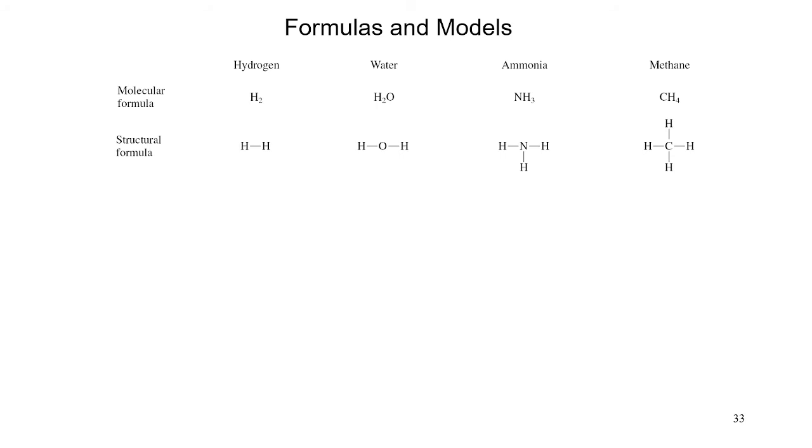Structural formula shows how the atoms are bonded to each other. As we can see here, for the hydrogen are just simply bonded to each other. For water, we can see here that each hydrogen is bonded to the oxygen. And for ammonia, ganun din, each hydrogen is bonded to the nitrogen. And for the methane, each of the 4 hydrogen are bonded to the carbon.